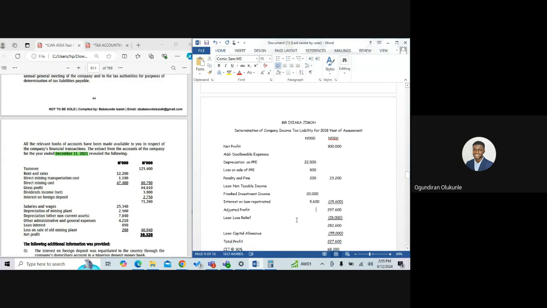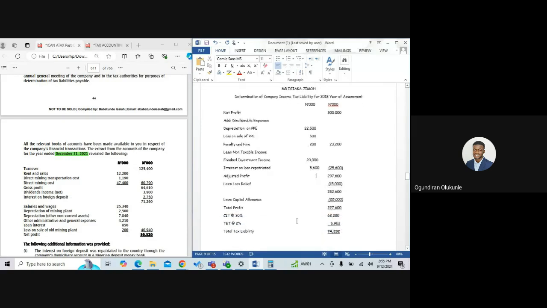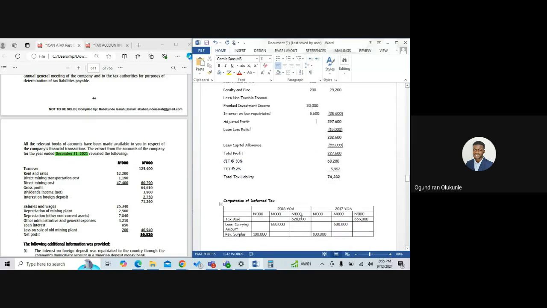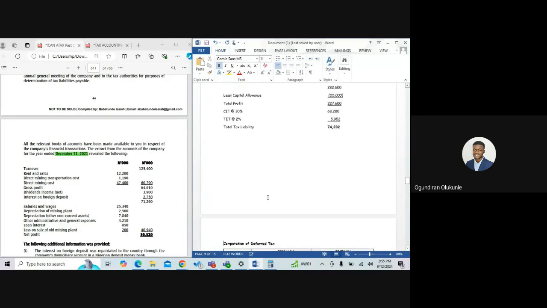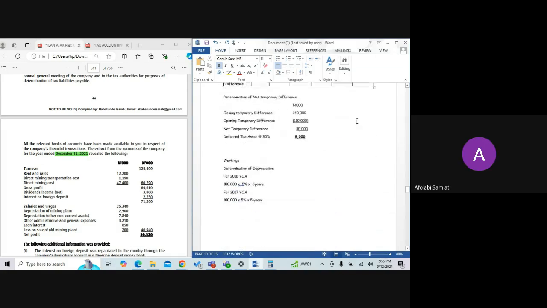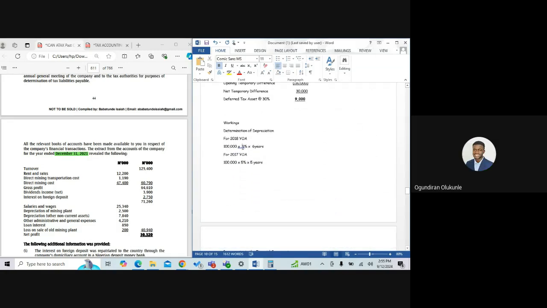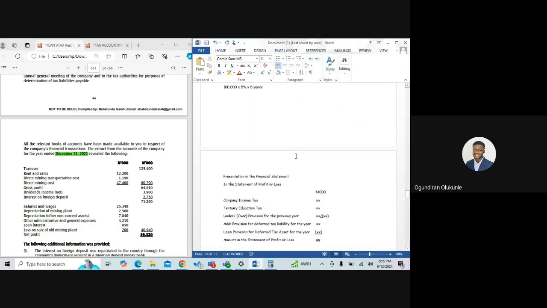Tomorrow, what I just did now is the reporting side, so tomorrow I will deal with the double entry side, and then we'll call it a topic. From there, we'll move to the next topic tomorrow too. I'm sending the solution to you immediately.